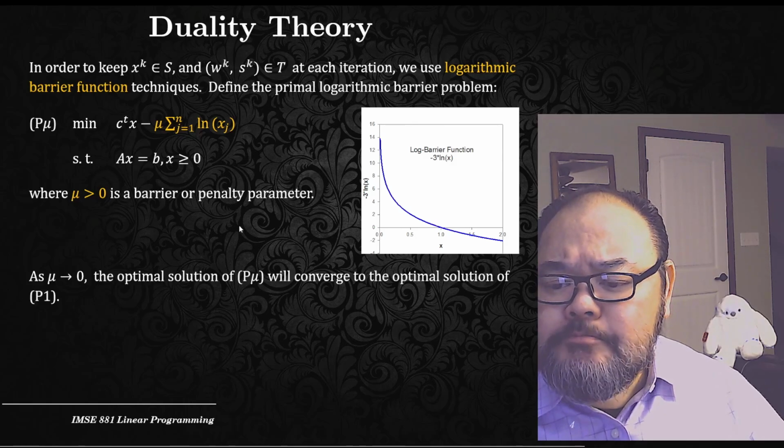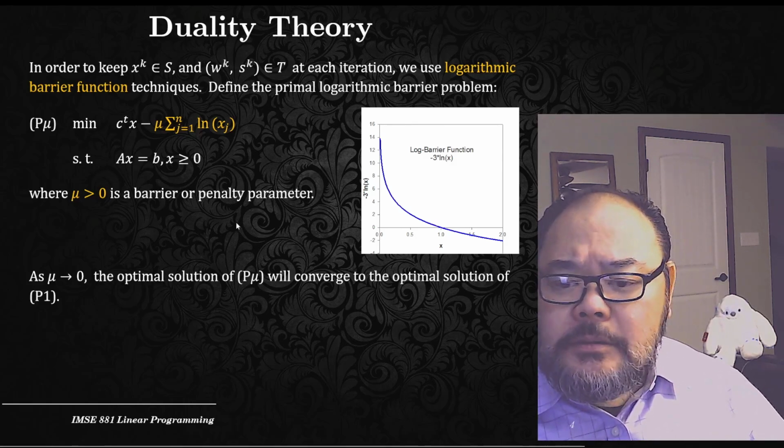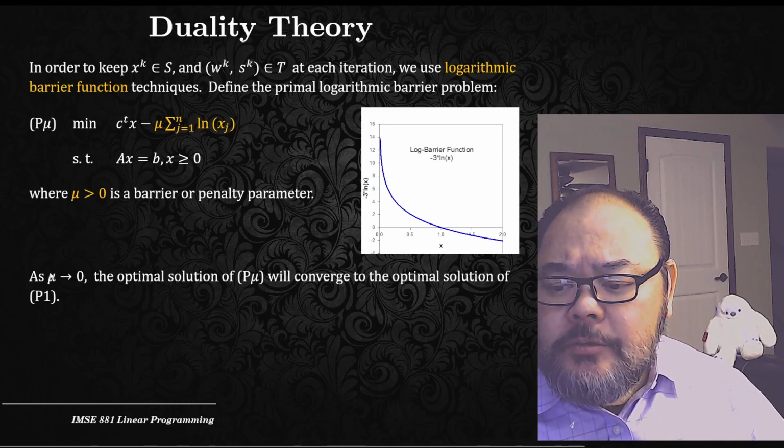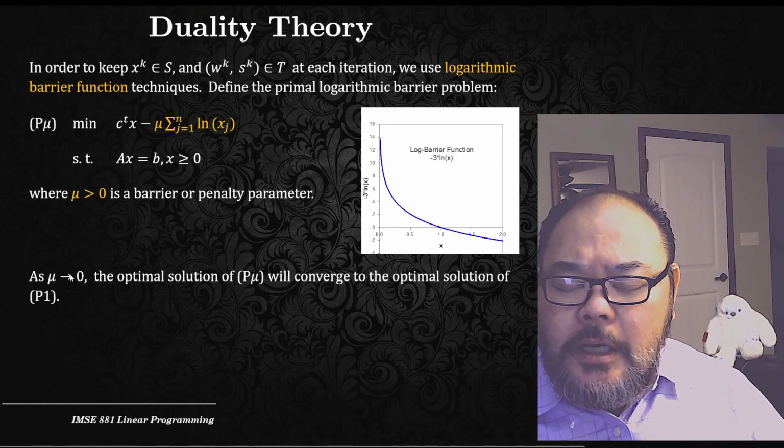As the algorithm progresses, we gradually reduce mu to 0.